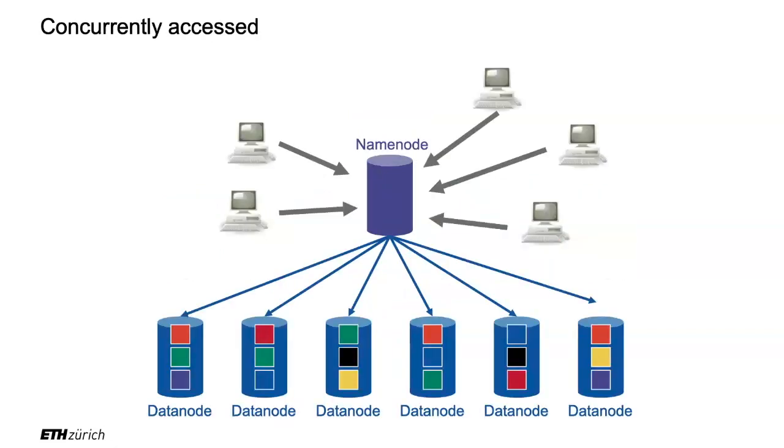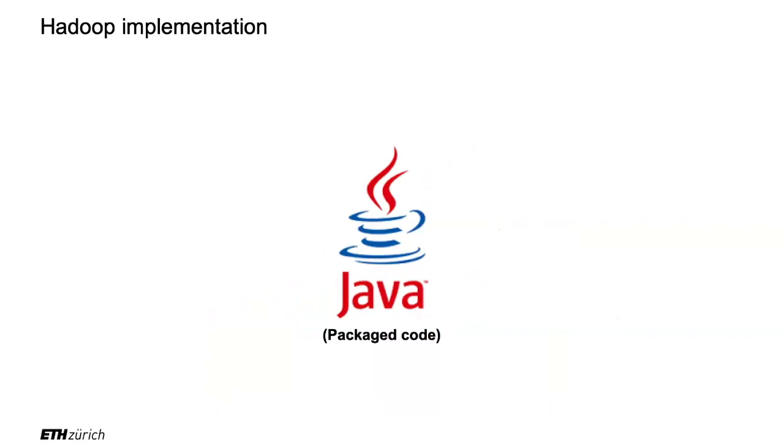Okay? Now, you can concurrently access this system. So imagine a company or Google or any large company, you have your cluster in the data center, and now all your employees can connect to the name node and to the data nodes and access the data, hundreds of people. It's all implemented in Java, right?